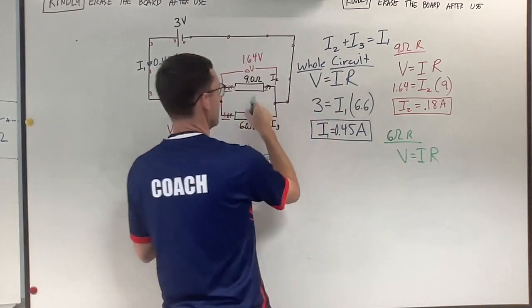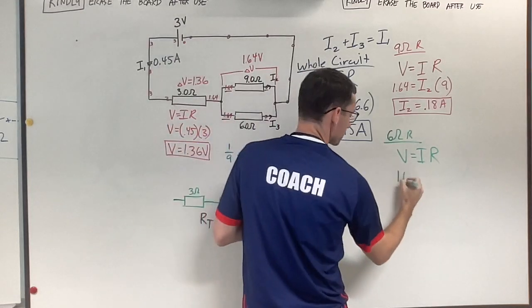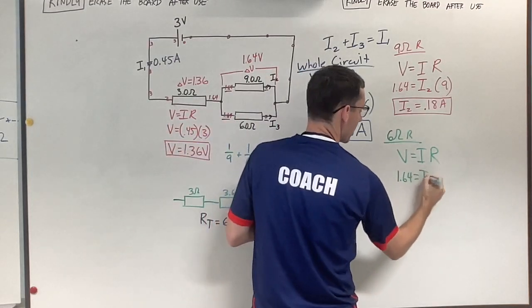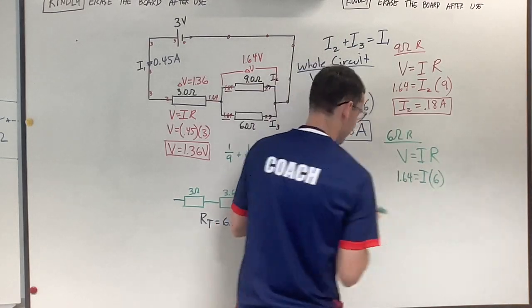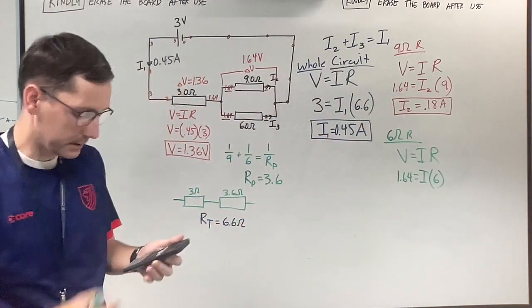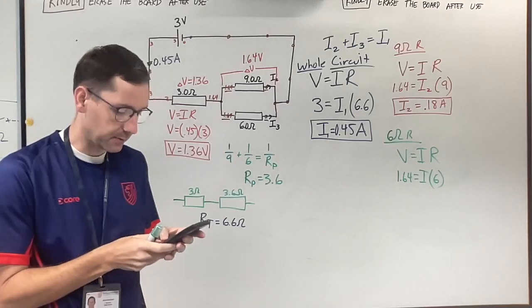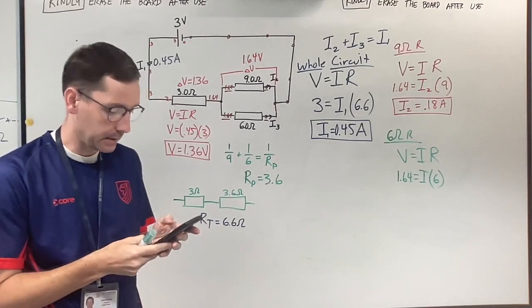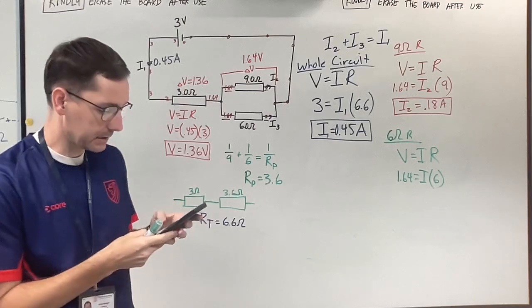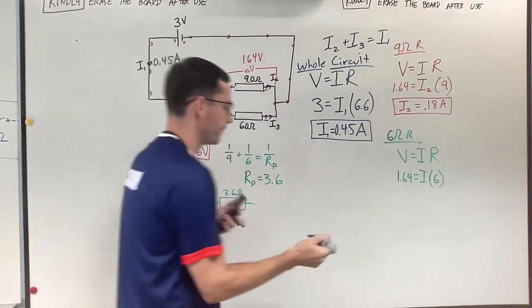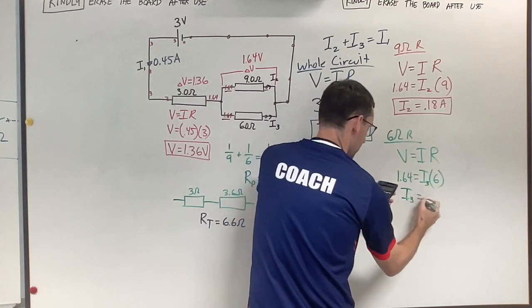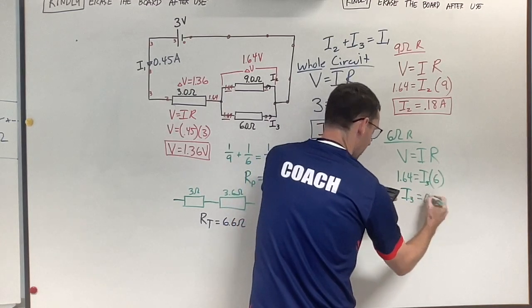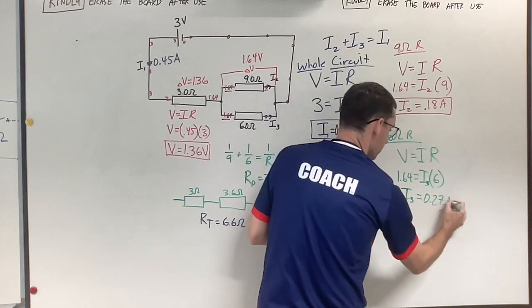So V, again, is 1.64, equals the current times the resistance, which for that one is 6. And so I'll do 1.64 divided by 6, and I get, this is I3 by the way, 0.27 amperes.